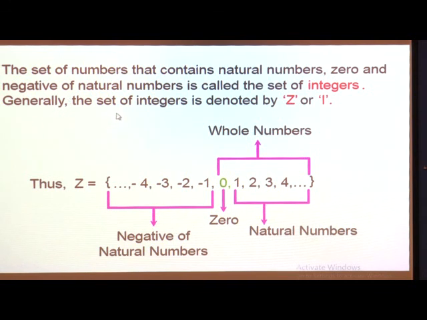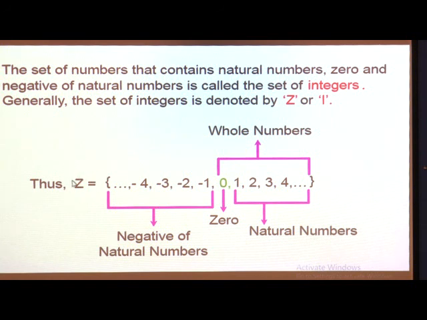Generally, the set of integers is denoted by Z or I. For natural numbers, the symbol is N, for whole numbers we denote it by W, but for integers we denote it by Z, or we can also denote it by I. So, Z, set of integers.